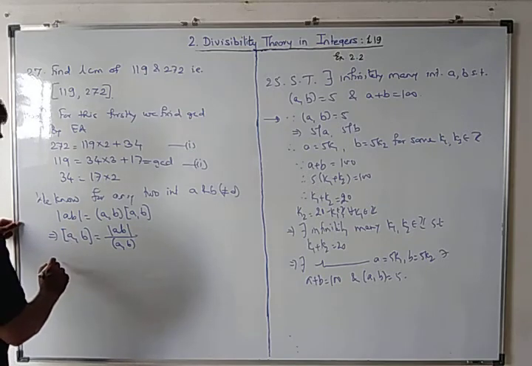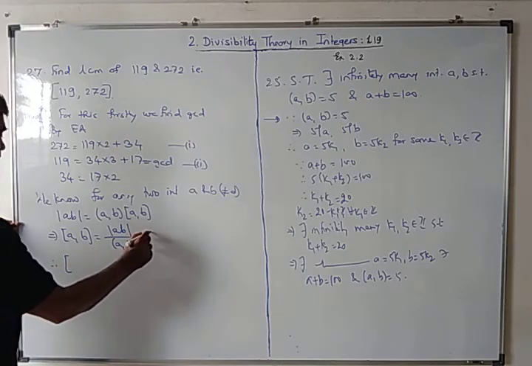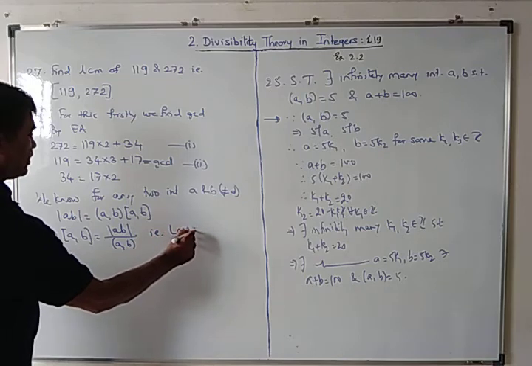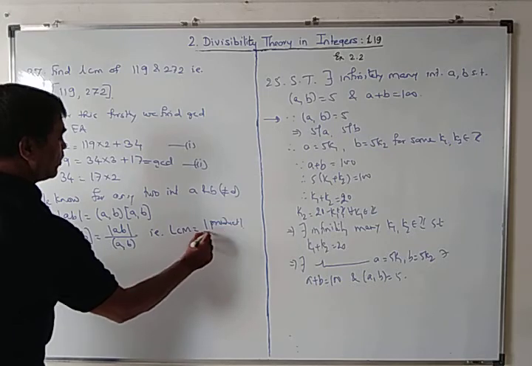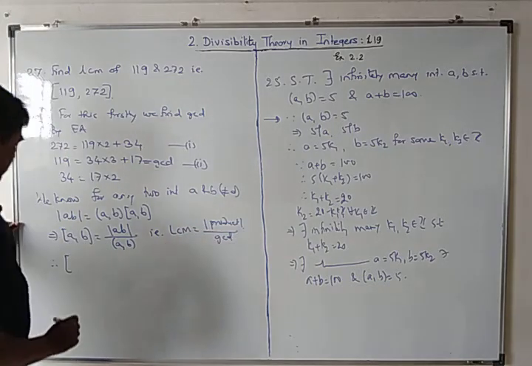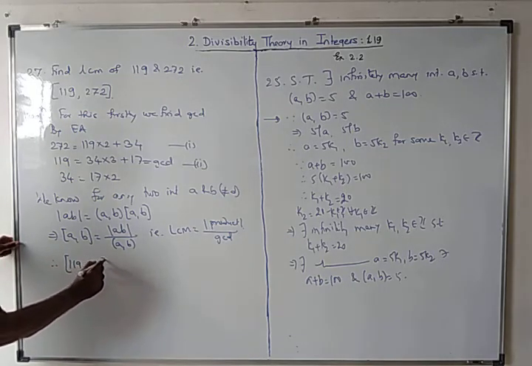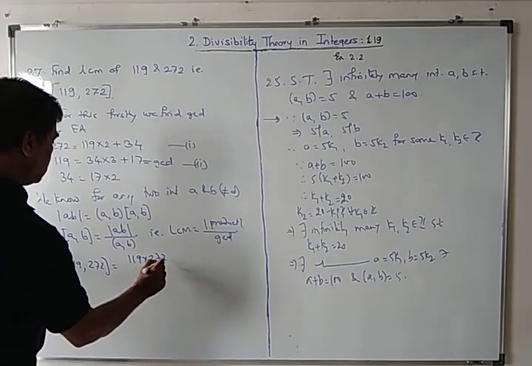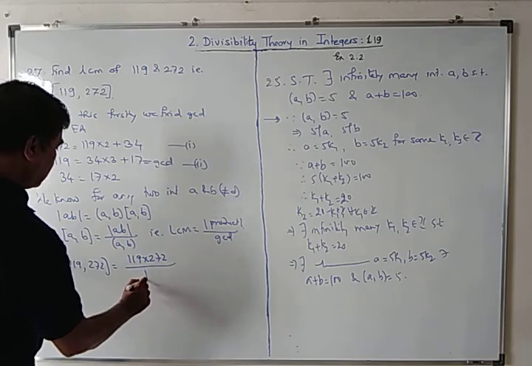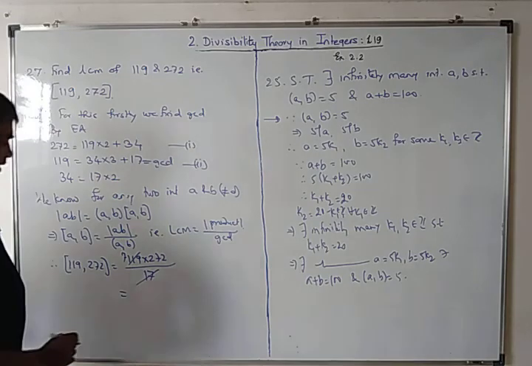So therefore least common multiple, that is LCM, is equal to mod of product upon GCD. Okay, so least common multiple of 119, 272 is equal to 119 into 272 upon GCD, which is 17, sevens, and then we will get this product.